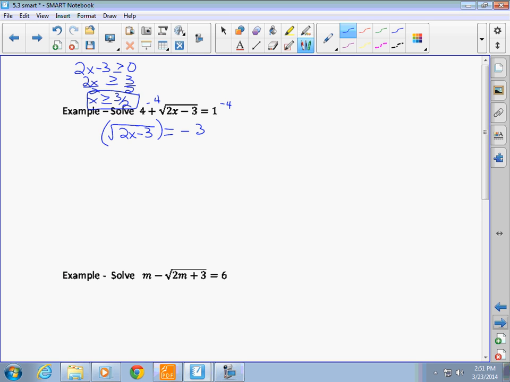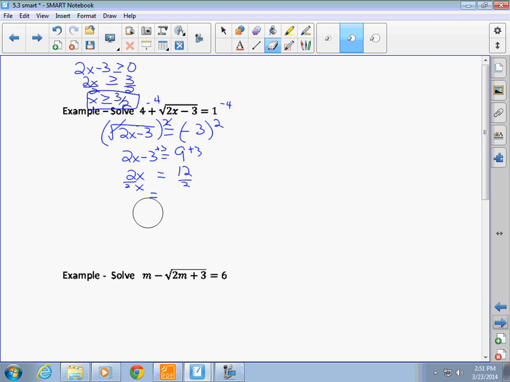If I square, 2x minus 3 is equal to 9. 2x is equal to 12, so x is equal to 6. If I check in my restriction, 6 is greater than 3 halves, so that'll work. Now I do my left side, right side check.